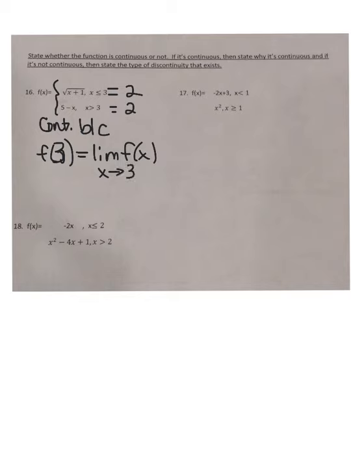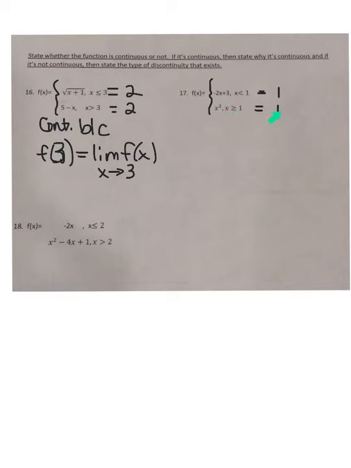All right, let's look at 17. We're going to do the same exact thing. So I'm going to plug in 1 this time. And when I plug in 1, I get 1 here. And when I plug in 1, I get 1 here. So this seems very similar to number 16, right? So this is the limit coming from the left. This is the limit coming from the right. And they equal the same thing. So I know the limit exists. This is f of 1 because that's where x is equal to 1.